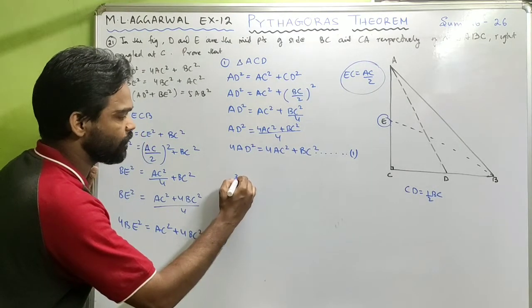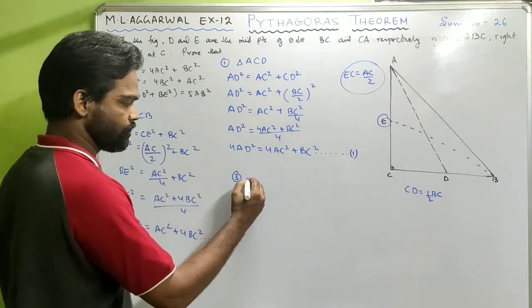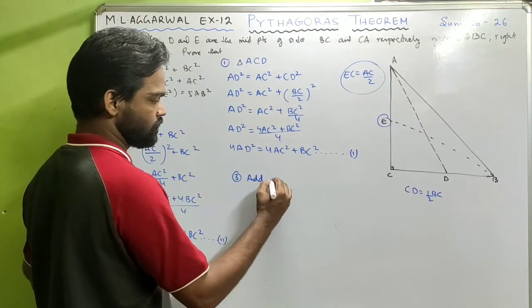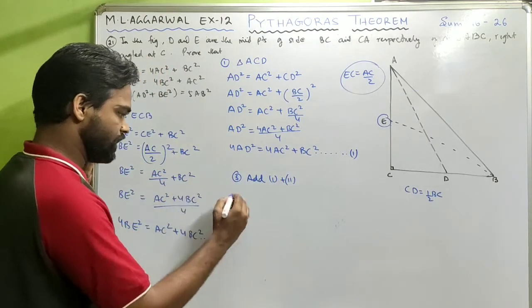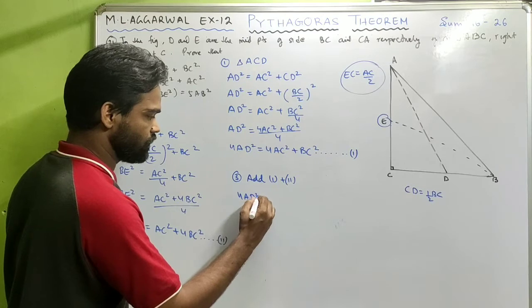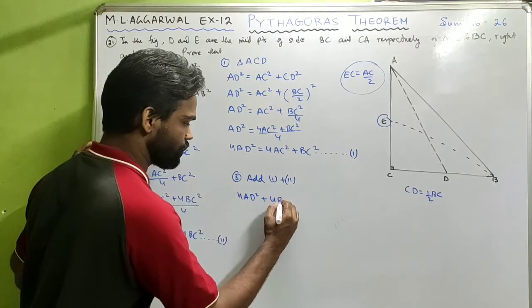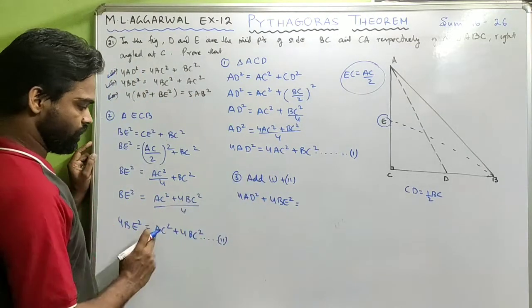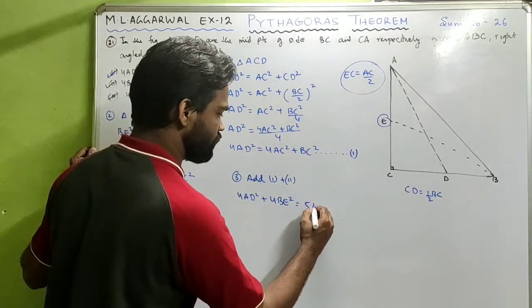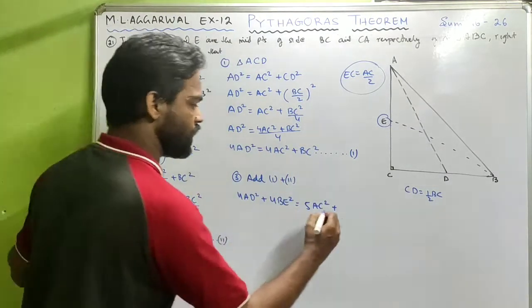Now for the third part, I'll add these two. Just look over here. Add 1 and 2. 4AD square plus 4BE square is equal to 4 plus 1, 5AC square plus 4 plus 1 again, 5BC square.